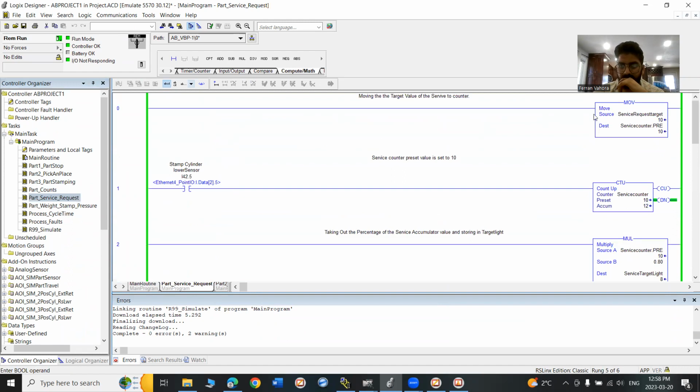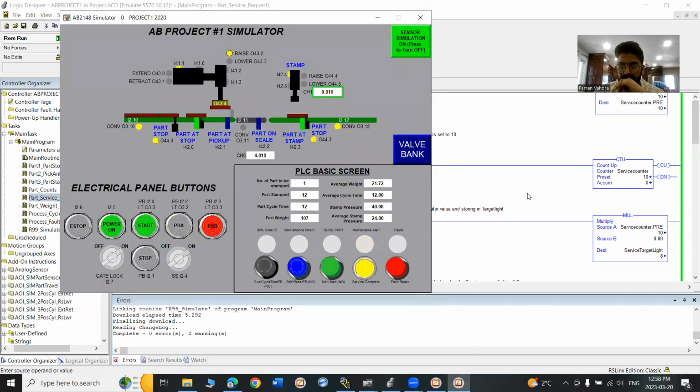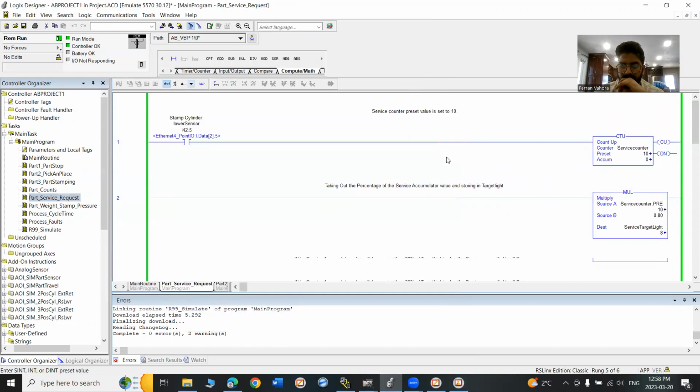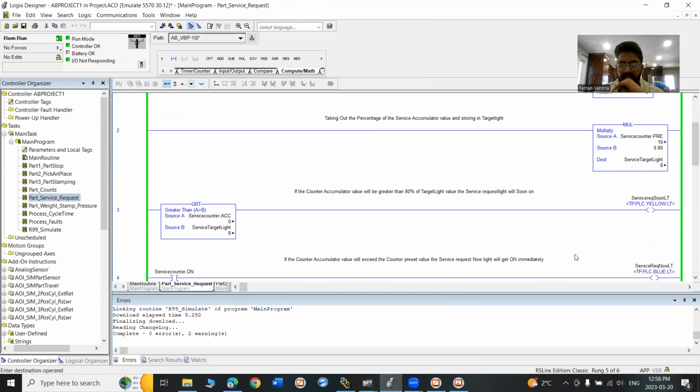Service request: the service request target is 10, and we are moving the service request target value to the preset value of the counter. When it exceeds, it requires the service. As you can see, it requires the service. When I press it, it gets reset. Here I have taken the multiply instruction to work out 80% of the service being done.